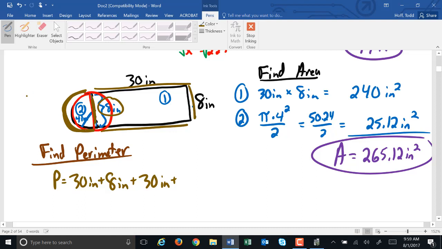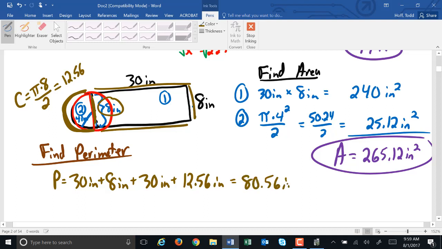And that distance is going to be a circumference, which will be pi times 8, pi times diameter. But is it a full circle? It's half. So pi times 8 is 25.12. Divided by 2 is 12.56. So that's 12.56 inches, which adds up to a perimeter of 80.56 inches.